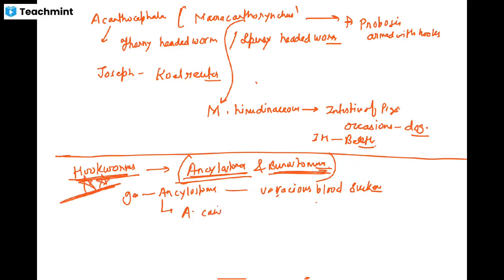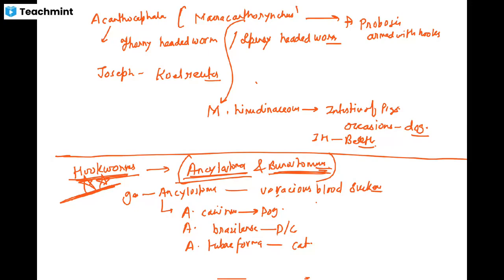Ancylostoma caninum is present in dog. The second one is Ancylostoma braziliense, present in dog and cat. The third one is Ancylostoma tubaeforme, present in cat.